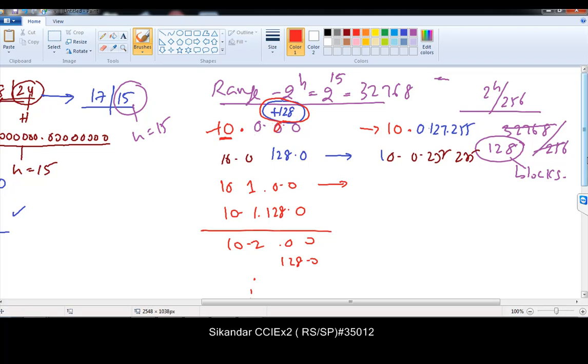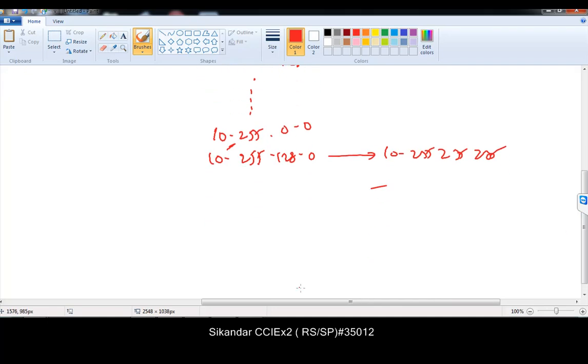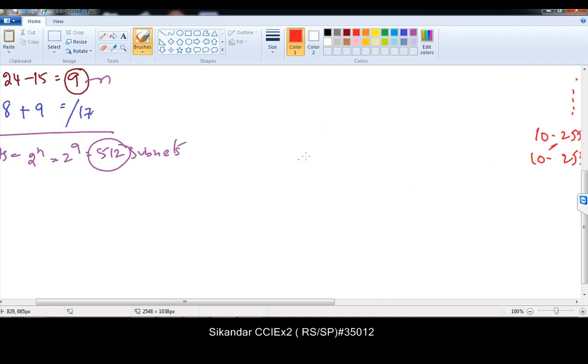Finally, there are a few important points to keep in mind when writing the range. We have first portion, second portion, third portion, fourth portion. In an IP address we have 4 portions.